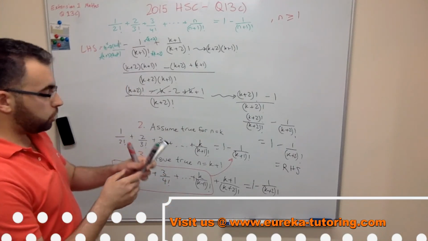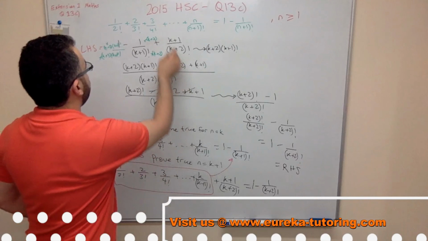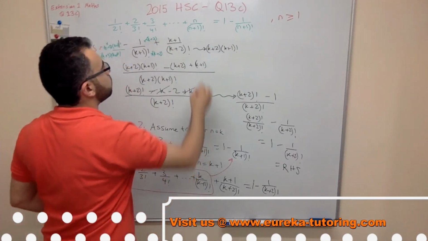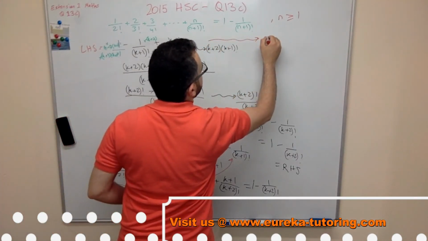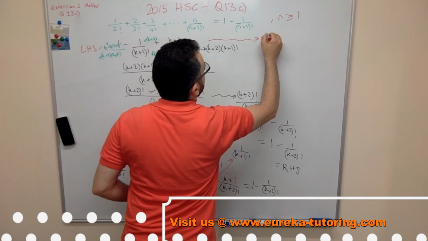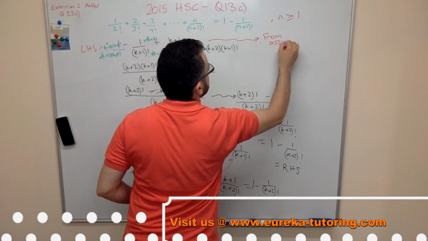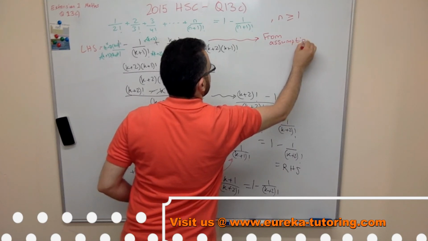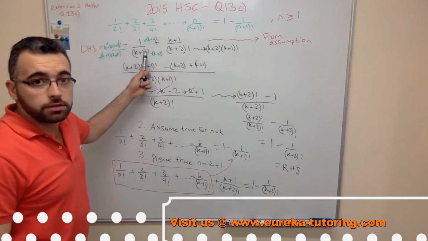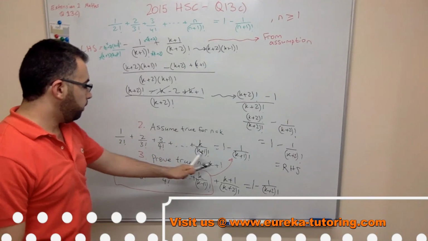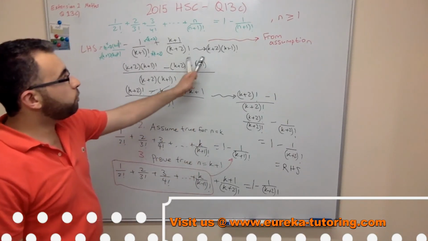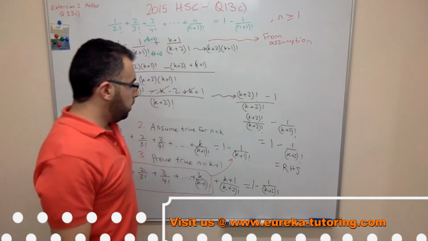Now, just going back a step, when we write what our left-hand side is, always write "from assumption", because we gathered this part of the series from this assumption here. So we always have to mention from assumption.